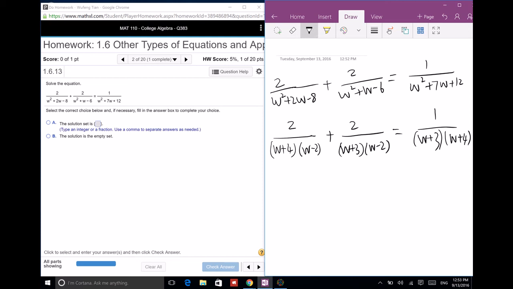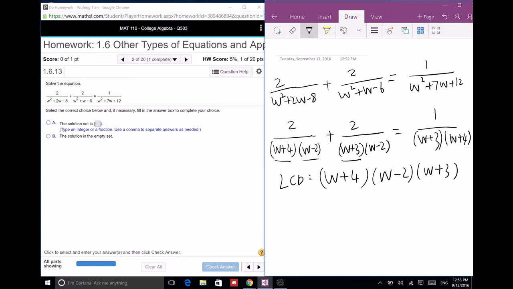So you factor everything. Now the LCD is w plus 4 times w minus 2 times w plus 3.